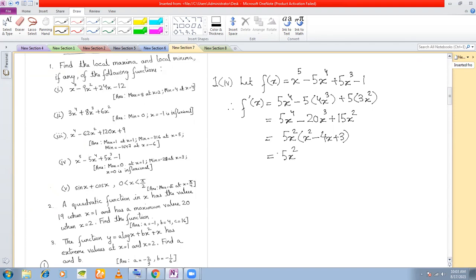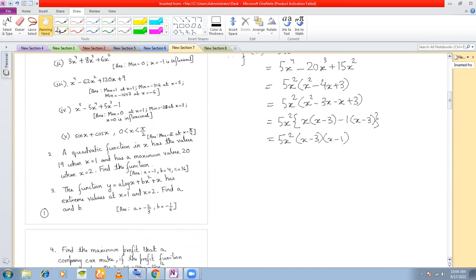You take 5x square common and you try to factorize this. So this expression has been factorized into 4 factors.